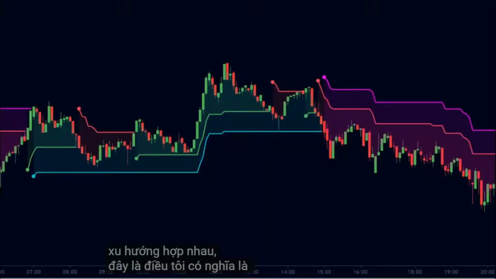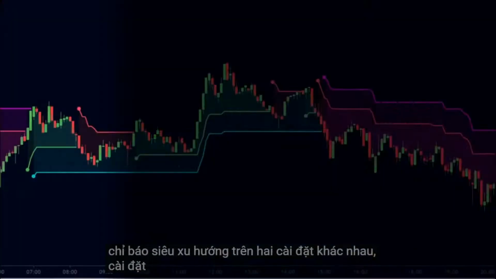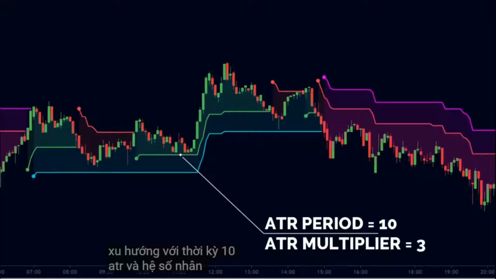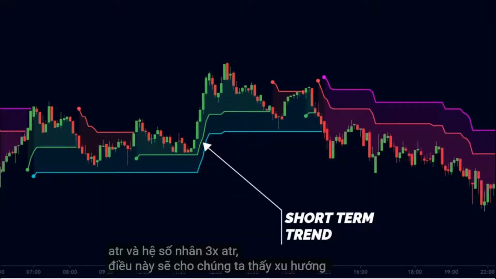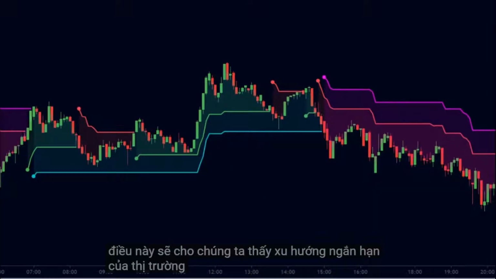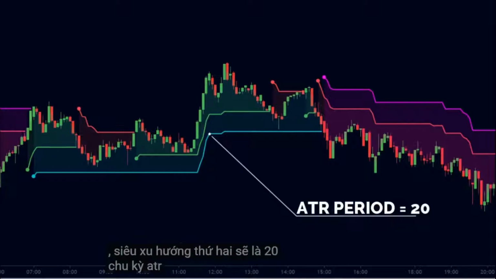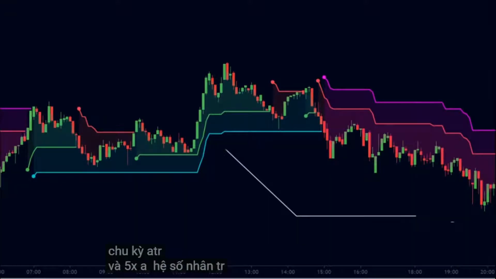Here's what I mean. We will use the super trend indicator on two different settings. The first one will be the default super trend with a 10-period ATR and a 3x ATR multiplier. This will show us the short-term trend of the market. The second super trend will be of 20-period ATR and a 5x ATR multiplier.